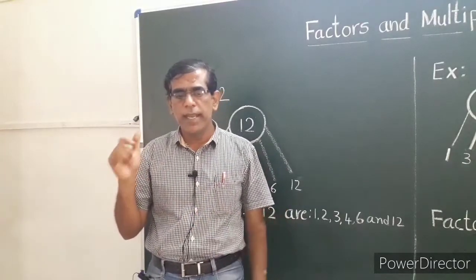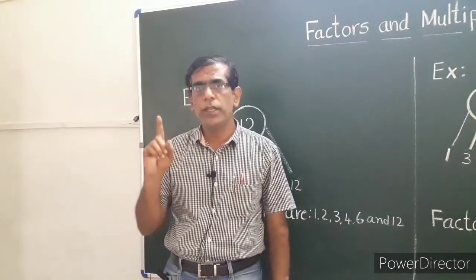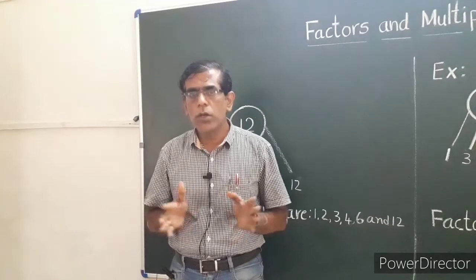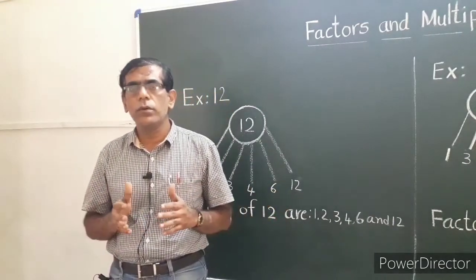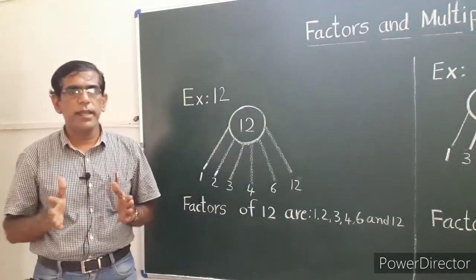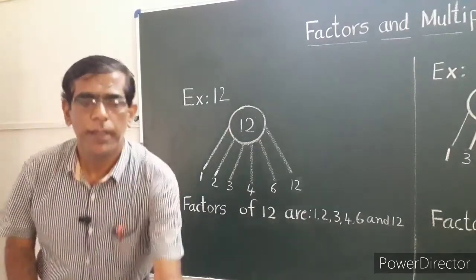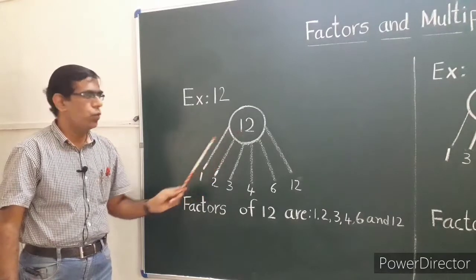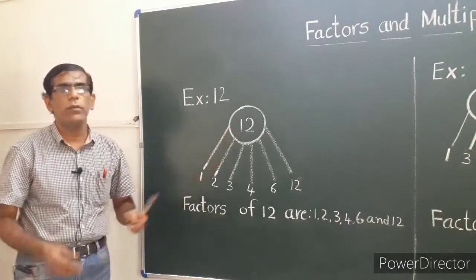Each child gets one chocolate. Now, no chocolate remains. It means 1 is a factor of 12.